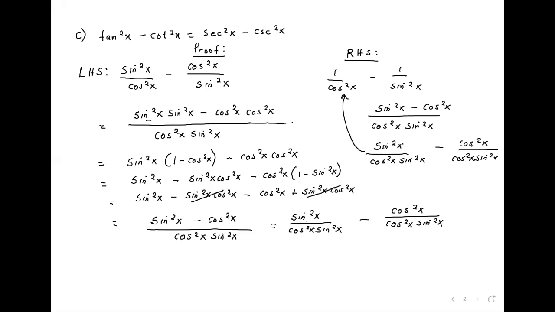So we see that from here, this guy and this guy, that guy and that guy, so we remain with 1 over cos squared x, 1 over sine squared x. 1 over cos squared x is sec squared x, and cosec squared x, our right hand side.